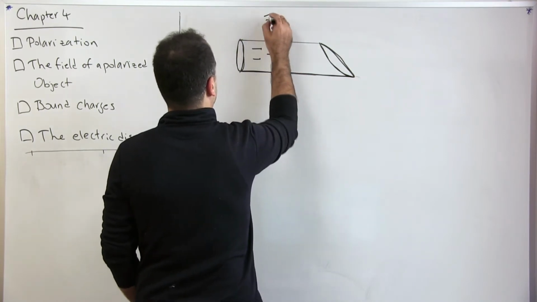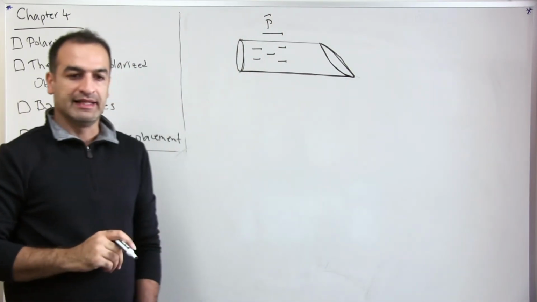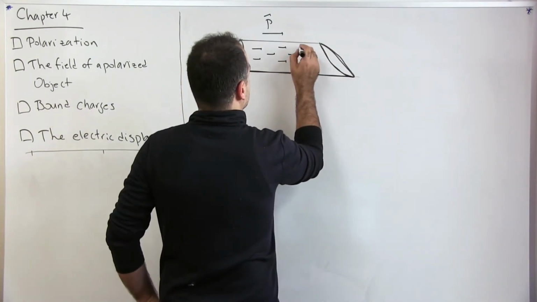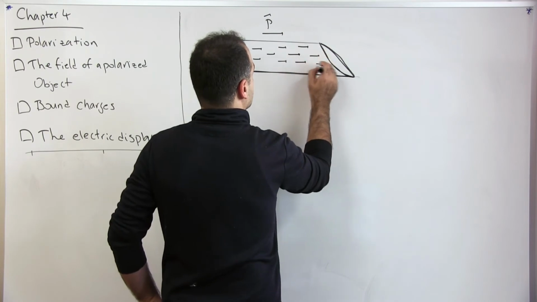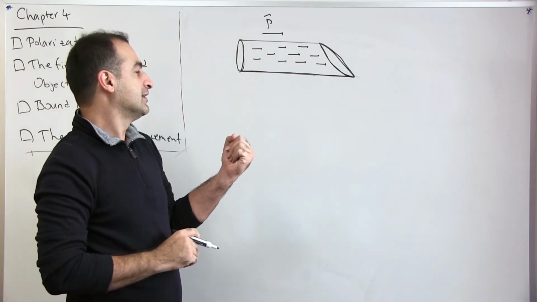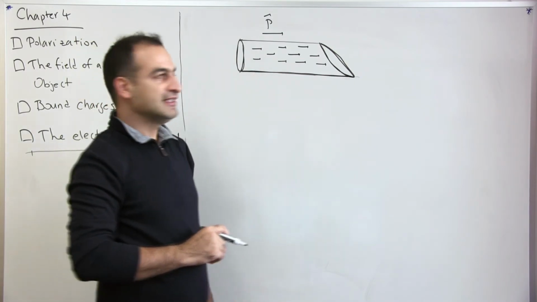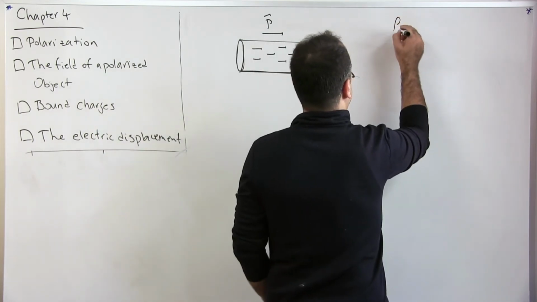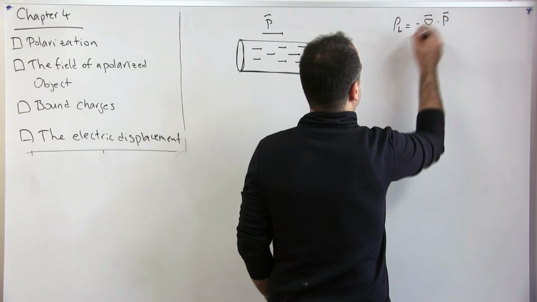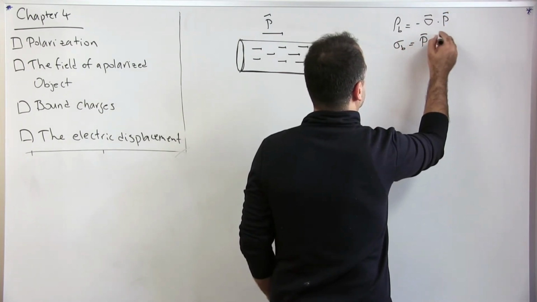That means this piece of the cylinder is made of dipoles all pointing this way. Now, if we go back to my previous discussion, in order to calculate the electric field of this, I would look at a volume charge density being divergence of P and a surface charge density being P dot N.